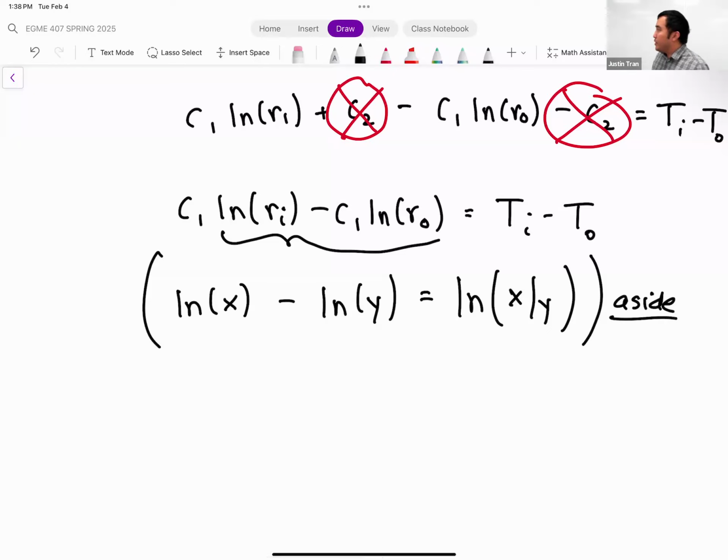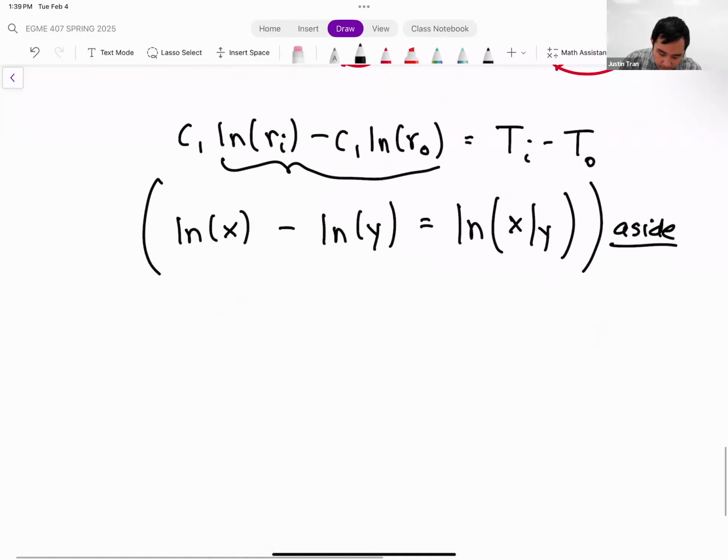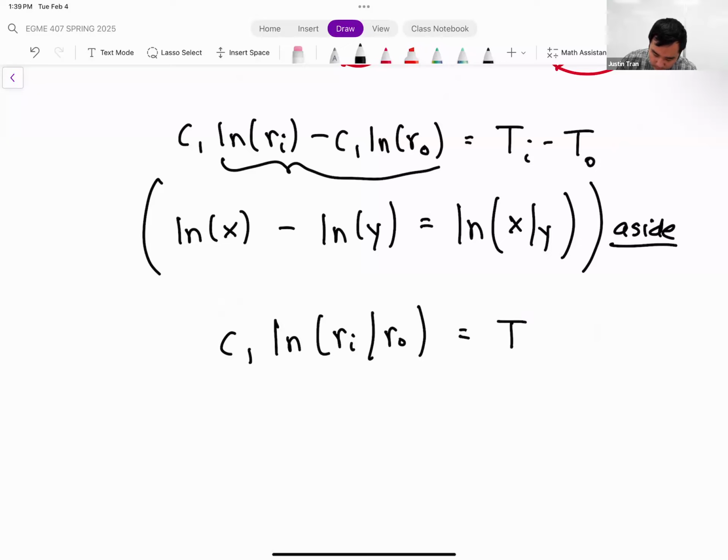It's an aside because we're going to be doing that exact same thing up there, right? Because we have C1 times ln of Ri minus C1 ln of Ro. And so we can combine these together into one logarithm just to make it kind of clean. So the left-hand side is going to become C1 natural logarithm of Ri divided by Ro.